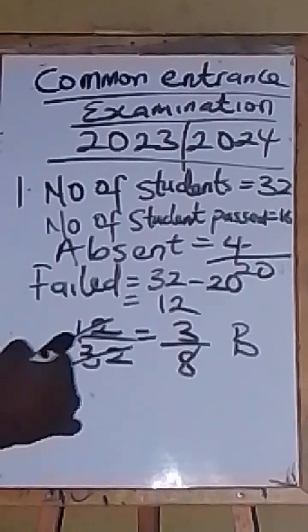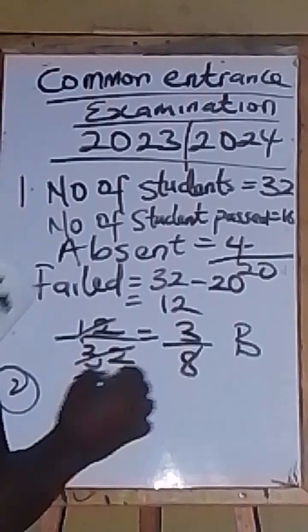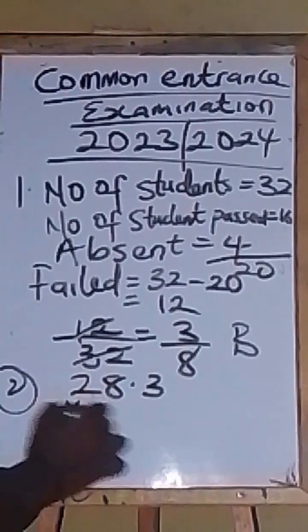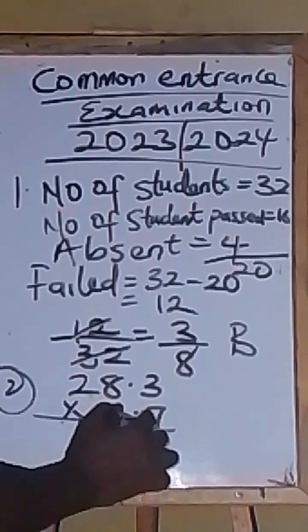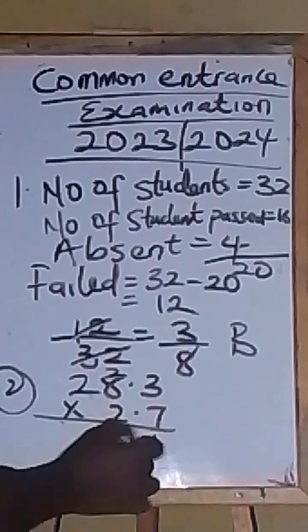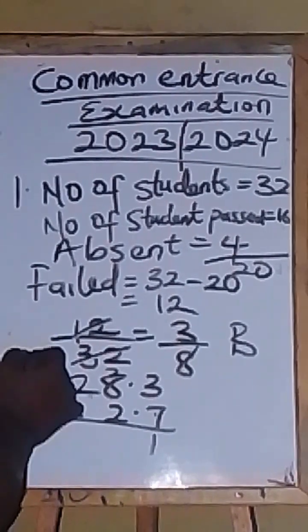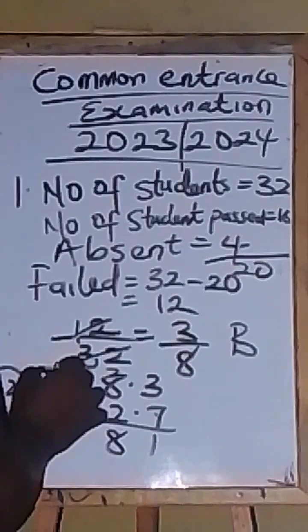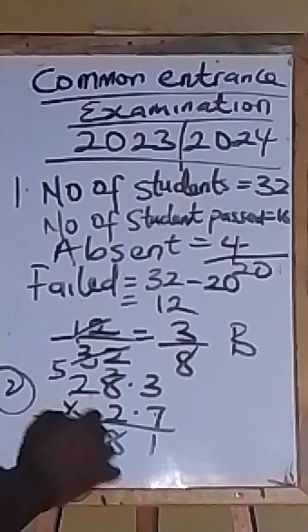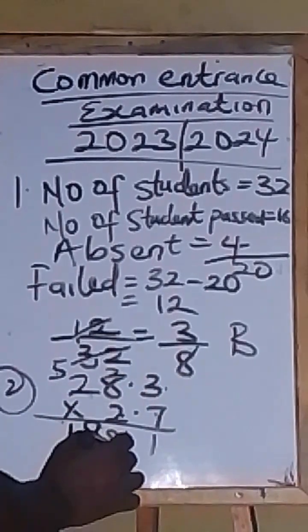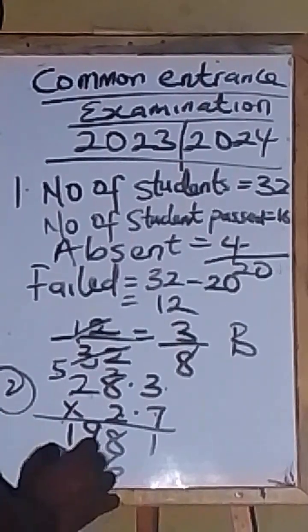Number 2. Find the product of 28.3 times 2.7. 7 times 3, 21. Keep 2. 7 times 8, 56. 56 plus 2, that's 58. We have 5. 7 times 2, 14. 14 plus 5, we have 19. 2 times 3, 6. 2 times 8, 16.